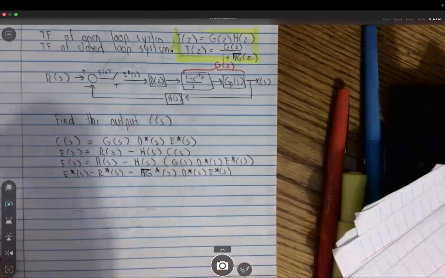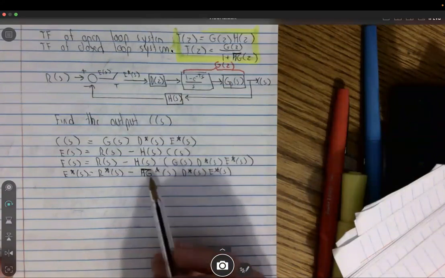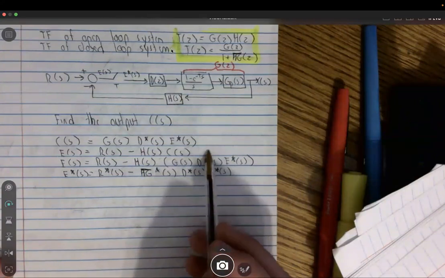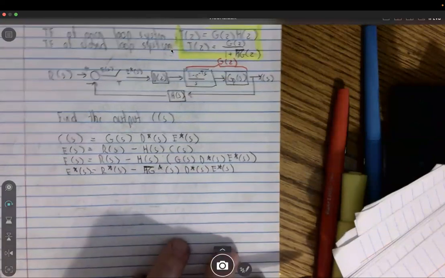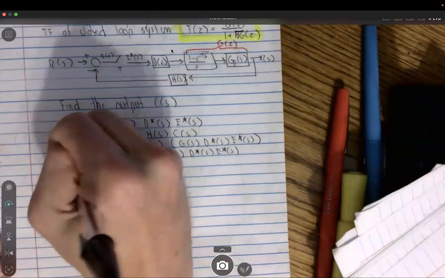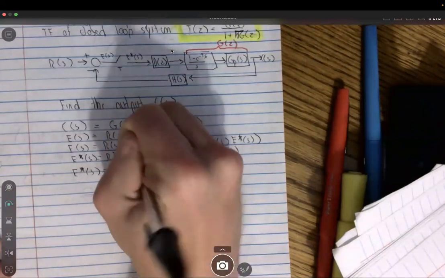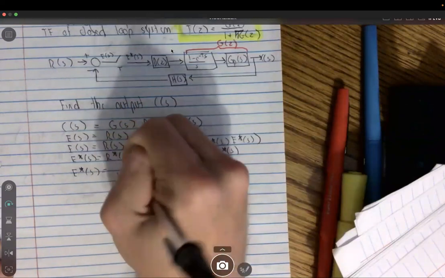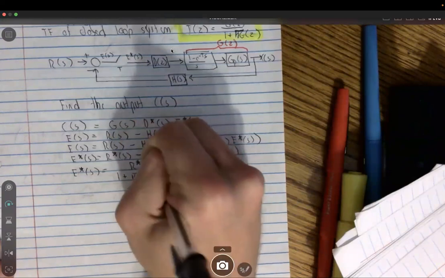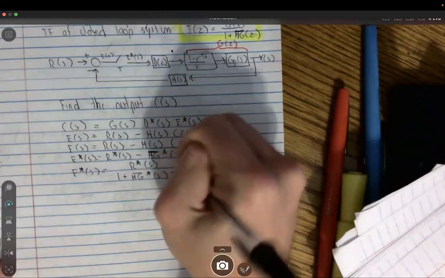Notice that when you take the star transform of both sides, you apply it to terms that aren't star transformed and combine them together, and the terms that already are star transformed aren't affected. And now solving for your E star of s, it's going to equal R star of s all over 1 plus HG star of s, and then this would be D star of s.